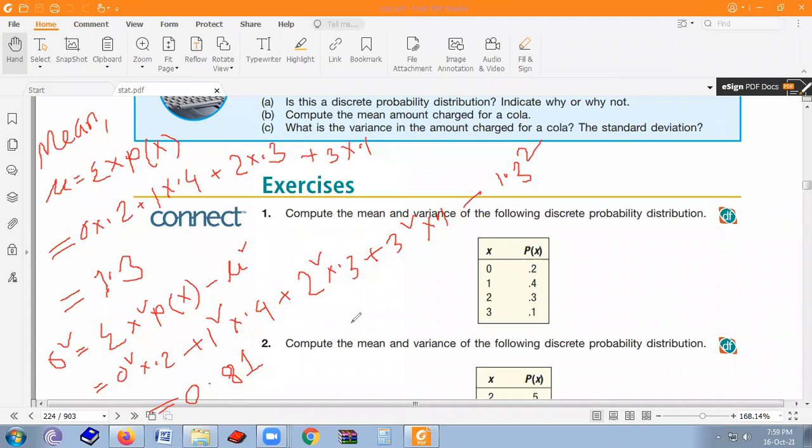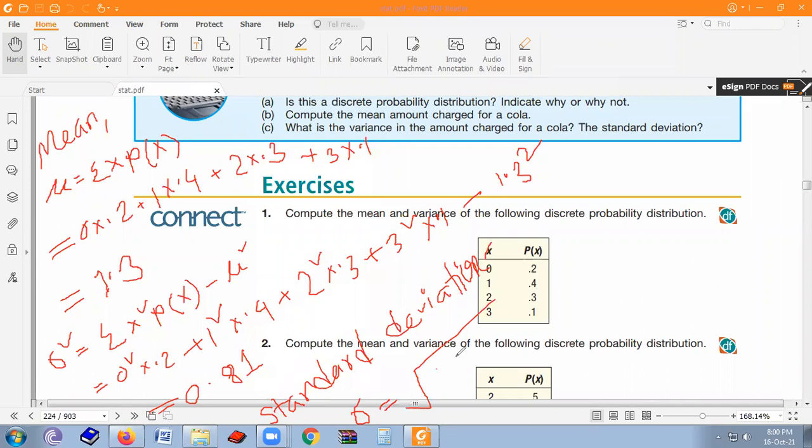Then standard deviation. There is no query about it, but we have to practice for the next maths. Standard deviation is denoted by sigma, and it is equal to the root of the variance.